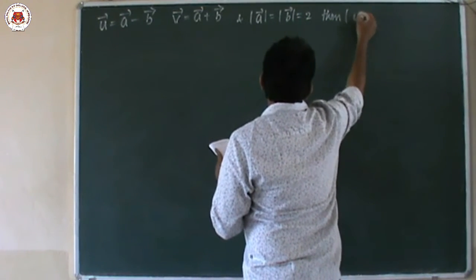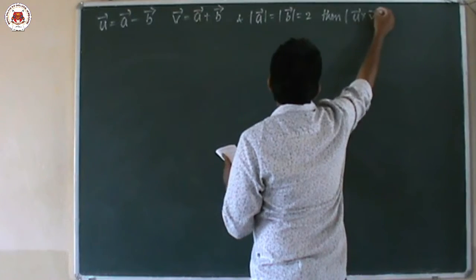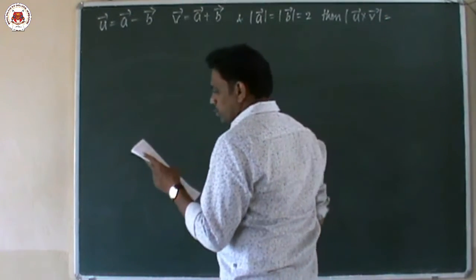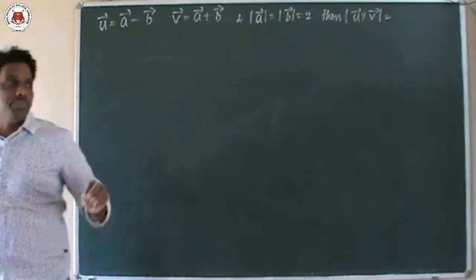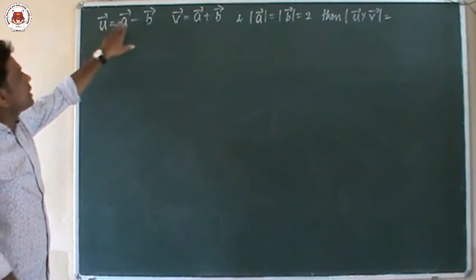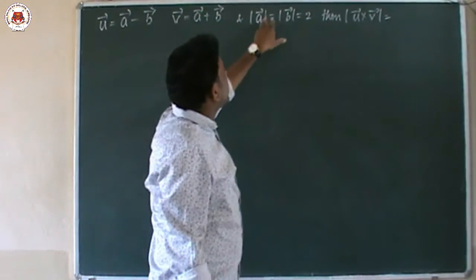Then the modulus of u vector cross v vector is equal to what? This is the question. So in this question, children, u vector is given, v vector is given, and mod a, mod b values are also given.